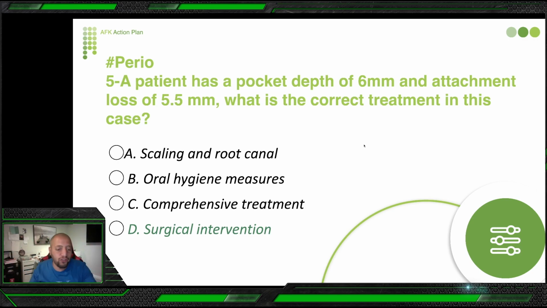So for you to go for surgical intervention, you don't say, okay, maybe this patient needs more hygiene measures, maybe he needs comprehensive treatment to remove his defective restoration, maybe we go with scaling and root planing, or maybe he has a vertical root fracture, so let's do extraction, or maybe this patient has an endo-perio lesion, so let's do scaling and root canal. No, do not overthink it. It's as simple as mentioned in the references. This number needs surgical intervention, so you should do surgical intervention.